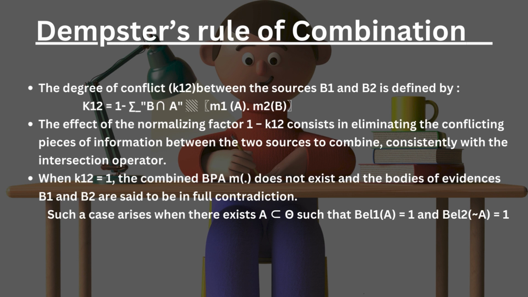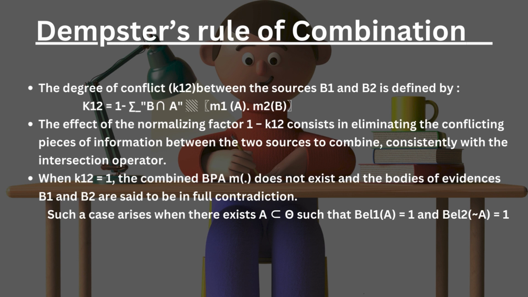So, what is actually the significance of this normalizing factor? It eliminates the conflict. The normalizing factor acts to eliminate the conflicting pieces of information between the two different sources that have been combined. This adjustment ensures that the combination of evidence is consistent with the intersection operator.